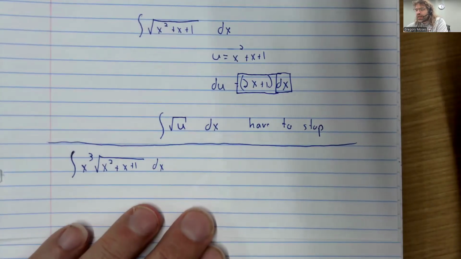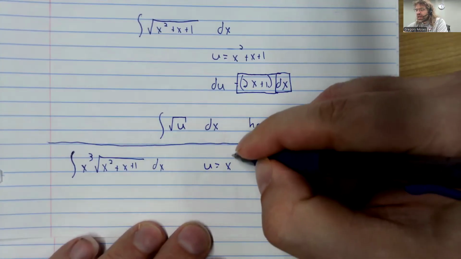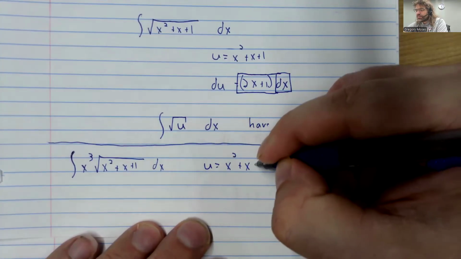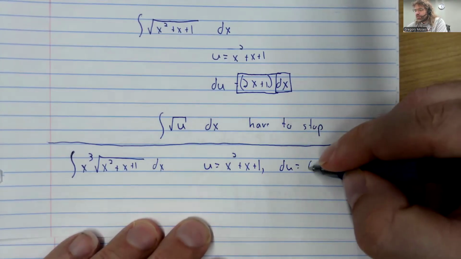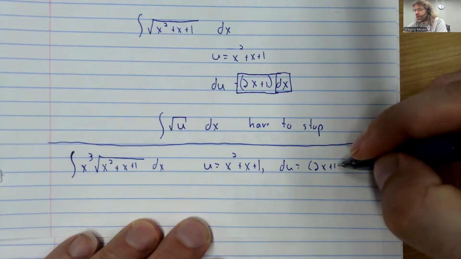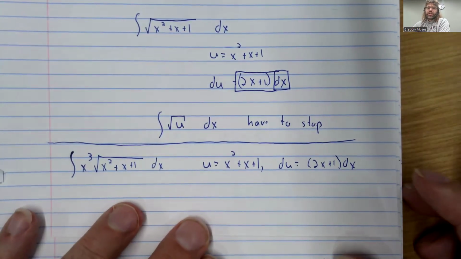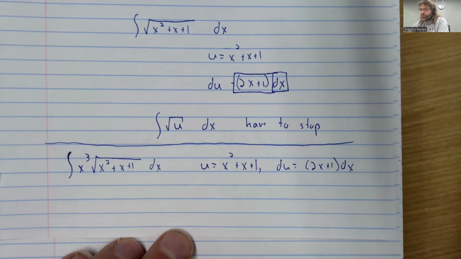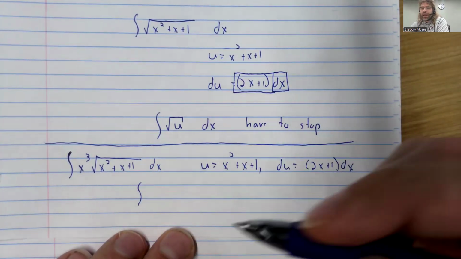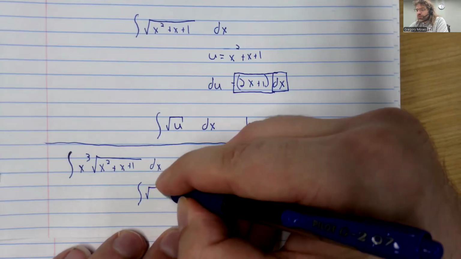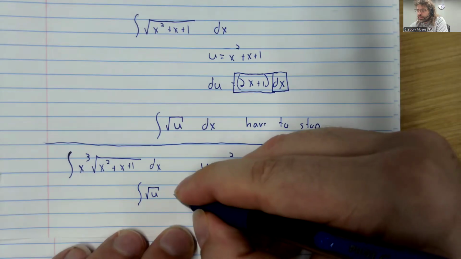Now, if we try to let u be this inside function, and du be 2x plus 1 dx, we run into exactly the same issue where we can turn the square root into the square root of u, no problem there.